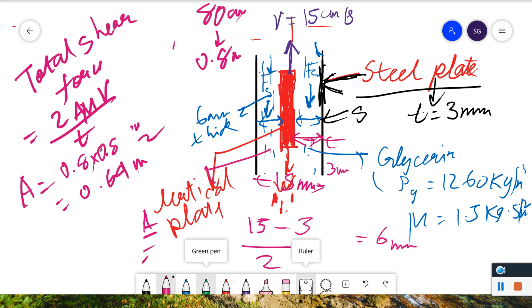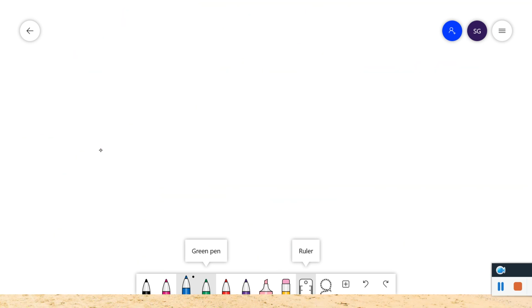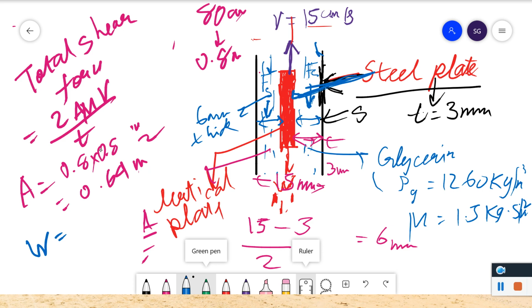The weight was given as the weight of the steel plate, 110 Newton. The steel plate weight is 110 Newton. This is the steel plate, the black colored portion.